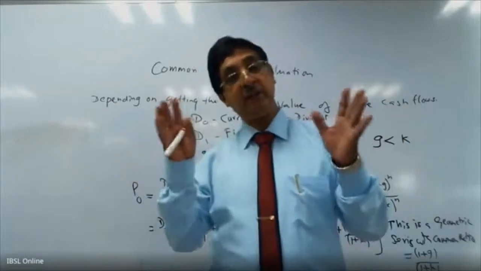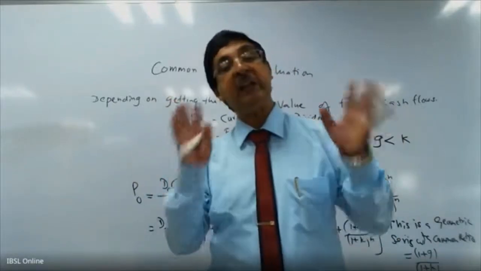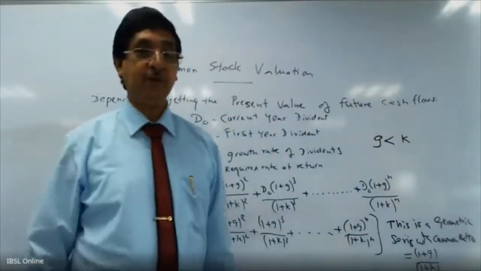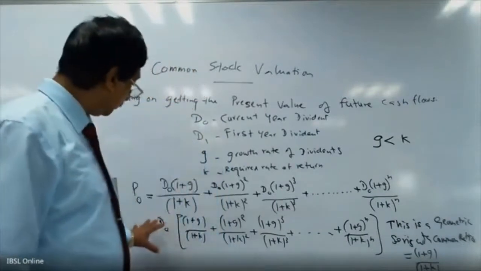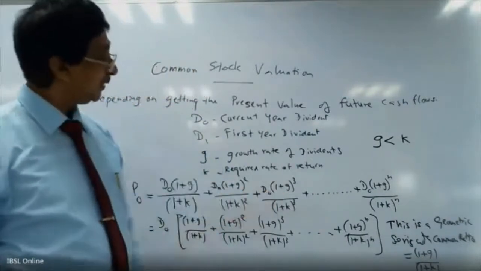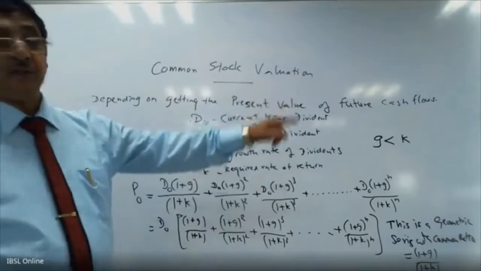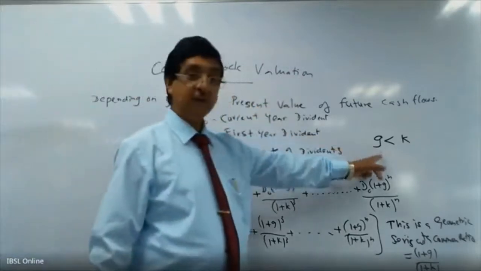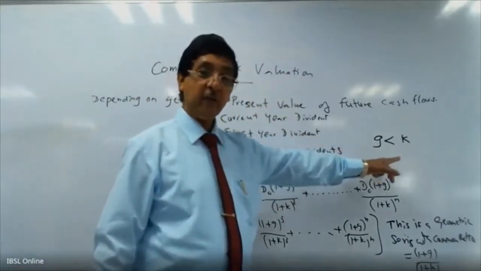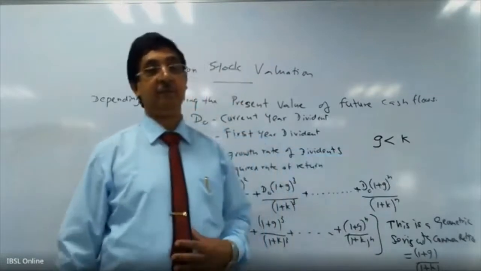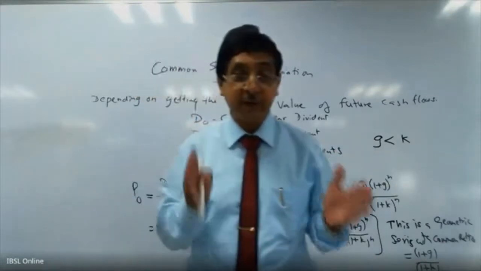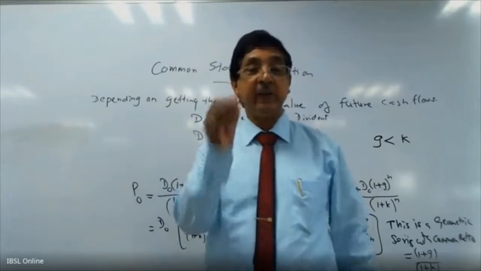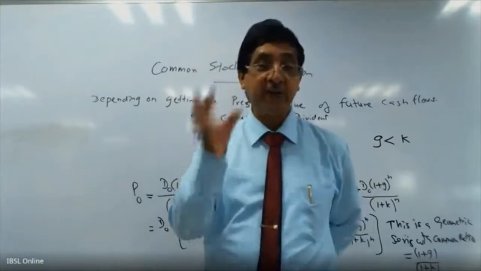So it is meaningless. Therefore, in order to follow this methodology, the condition is g should be lower than k. g is the growth rate of dividends, k is the required rate of return.